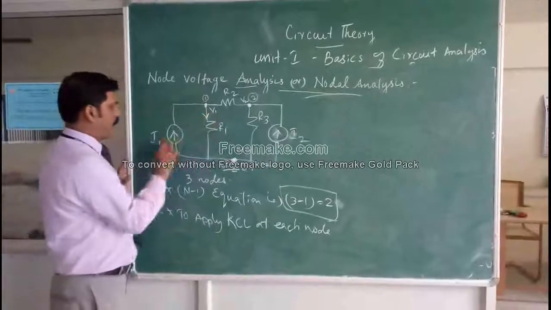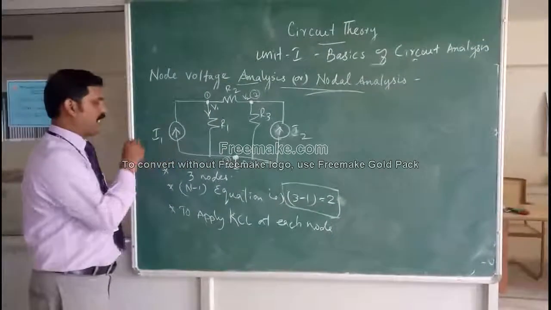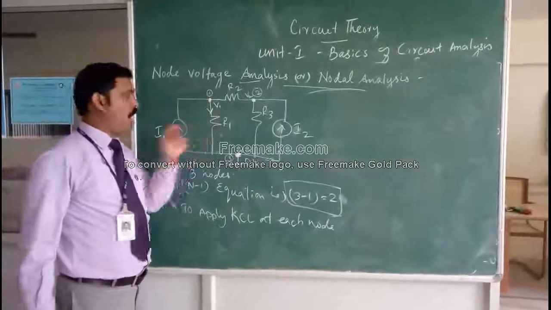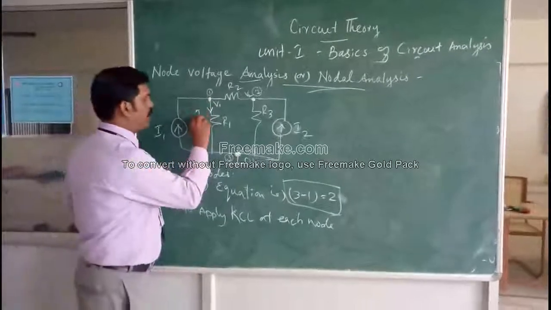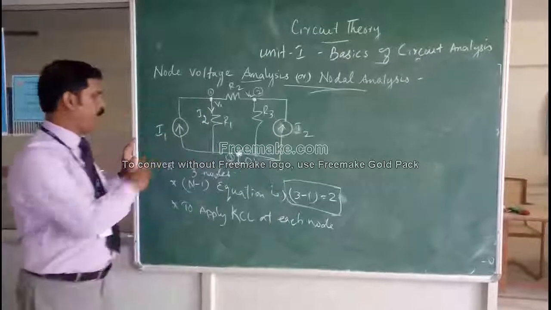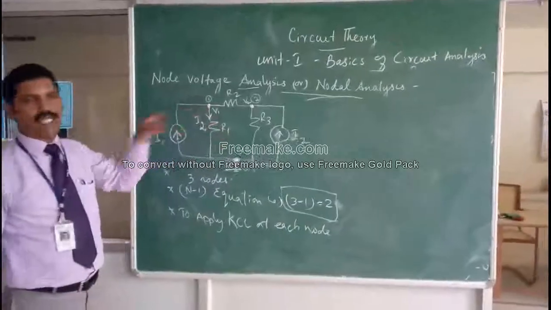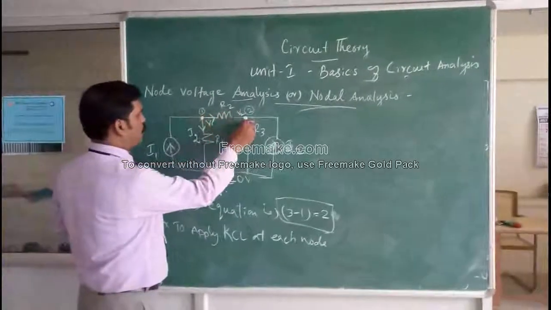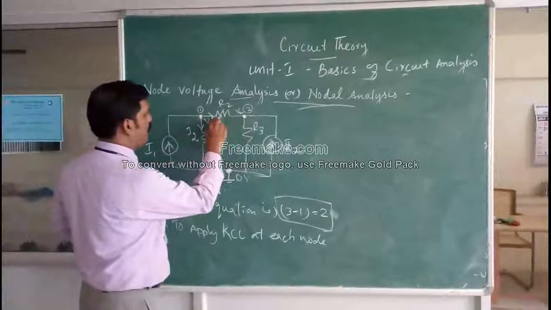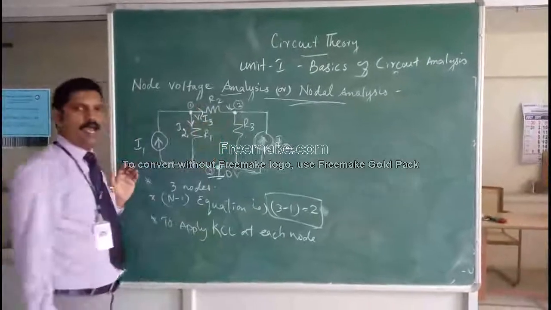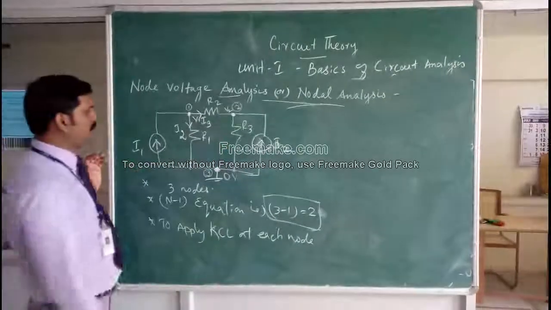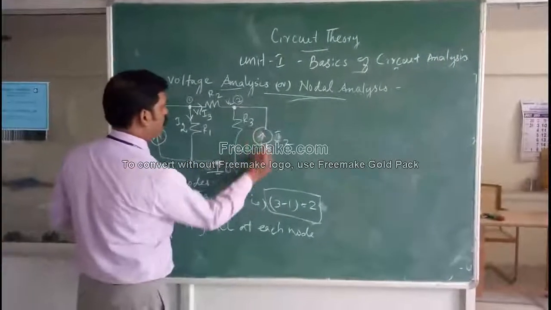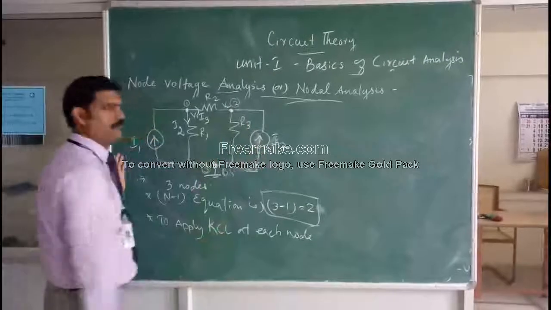At this branch the current is named I1, so I mark the current flowing through R1 as, for example, I2. And the current flowing between nodes 1 and 2, that is through R2, may be assumed as I3. Similarly, there is already a current flowing towards this node, which is marked as I2.